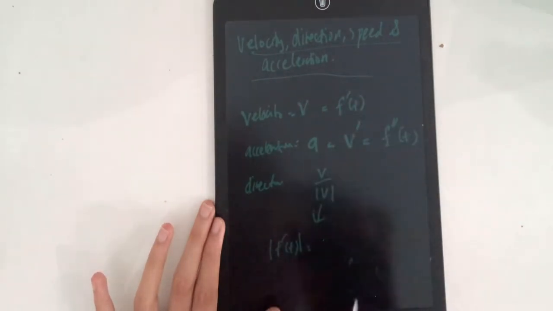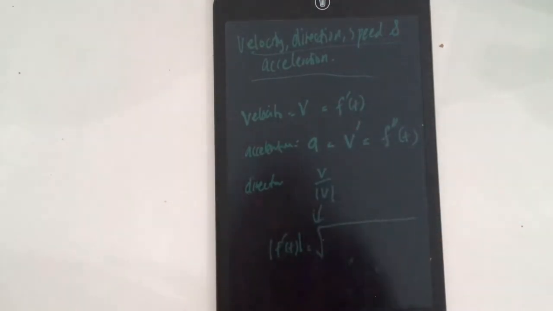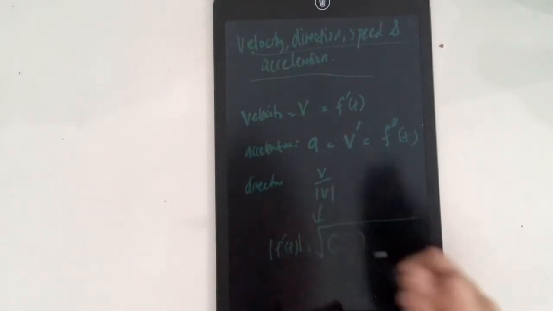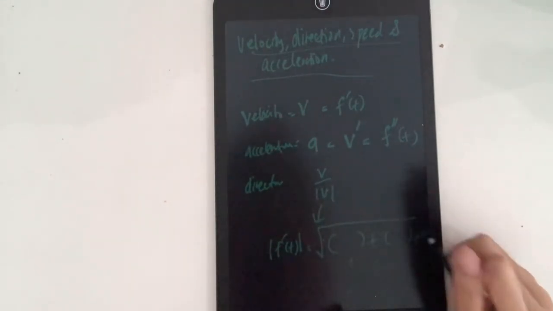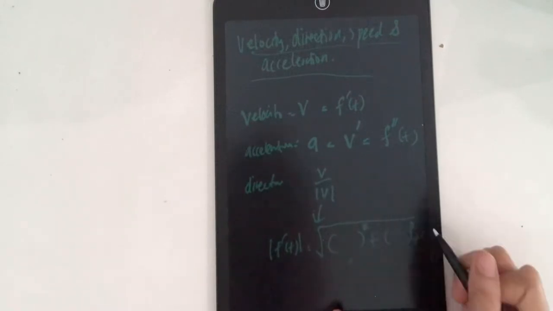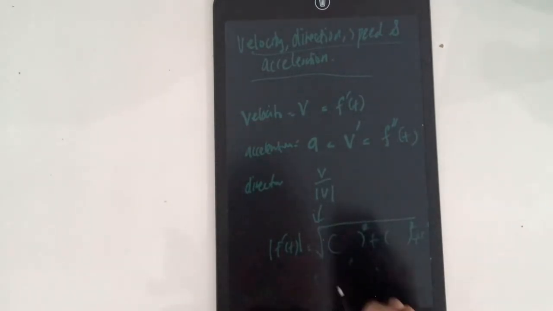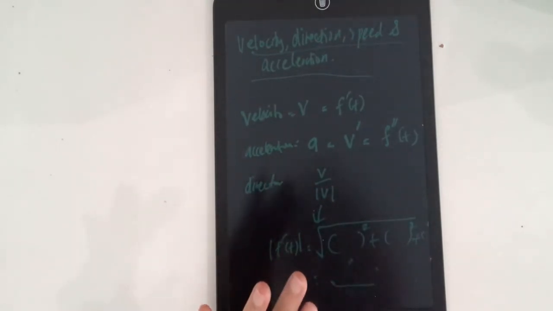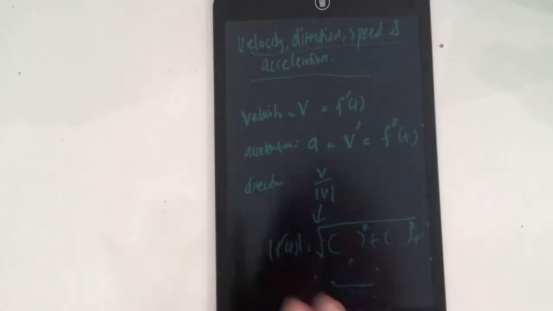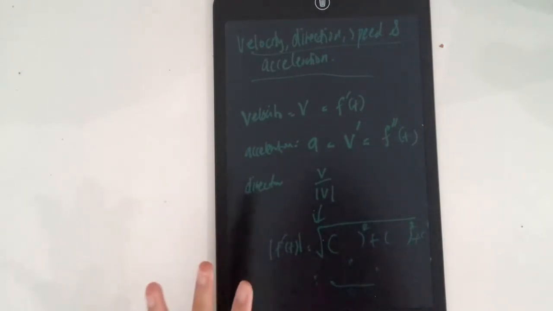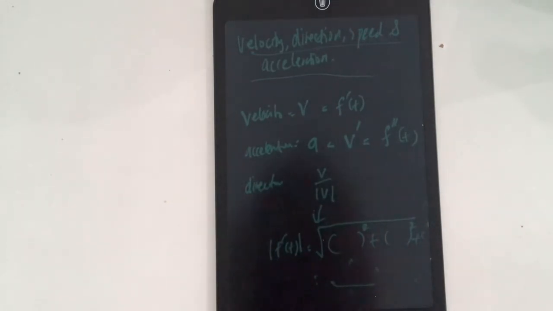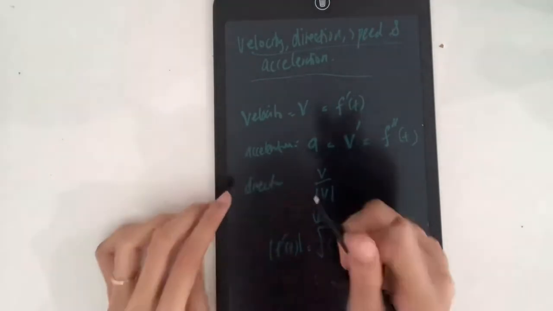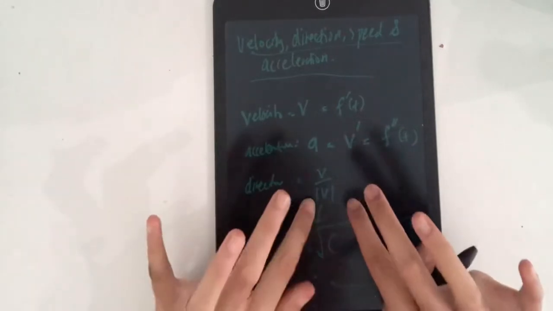You need a square root, and then each of the items, the i, j, k, you need to power 2. So you will get the answer, which is a number. It is no longer a vector. Magnitude is not a vector, it must be a number. So direction is equal to v over magnitude v.